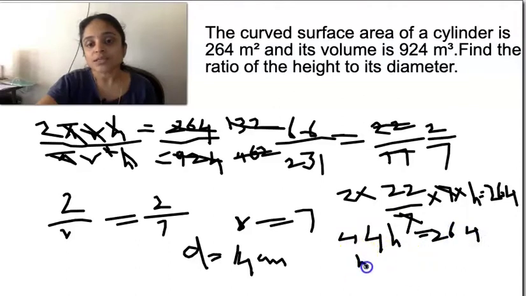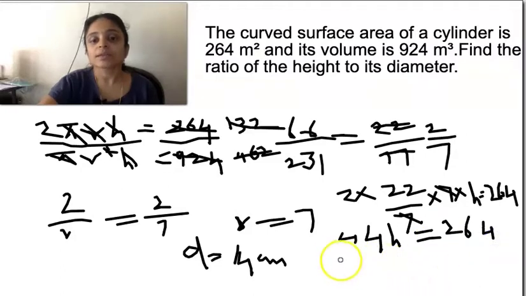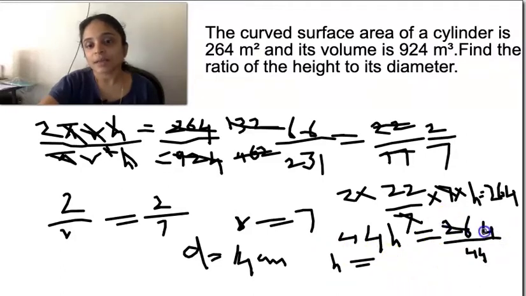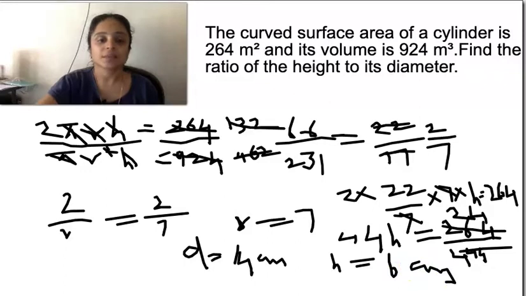So what is h? 264 by 44, right? Now dividing by 11, we'll get this as 24 by 4, right? So what is 24 by 4? It is 6. So we got h equal to 6 centimeter.